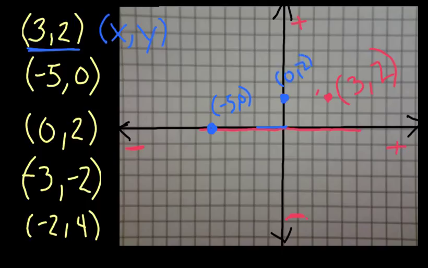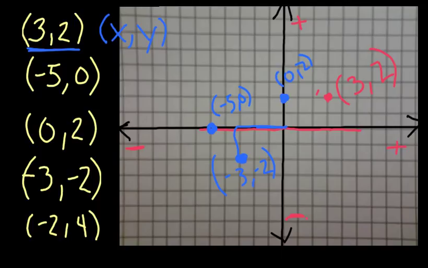What about -3, -2? Well, we would start at the origin, go -3, -2, and there's the point, -3, -2. Now, when you're really doing it, you don't draw all these extra lines that I'm drawing to show you how to do it. You just count. But I'm drawing the lines so that maybe you'll understand how to do it.